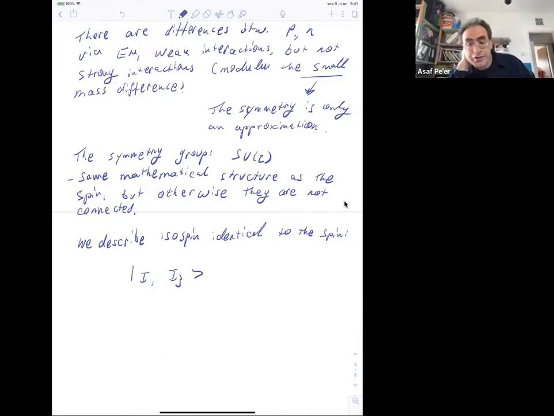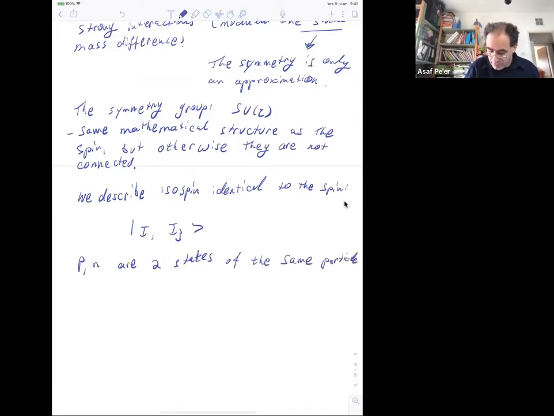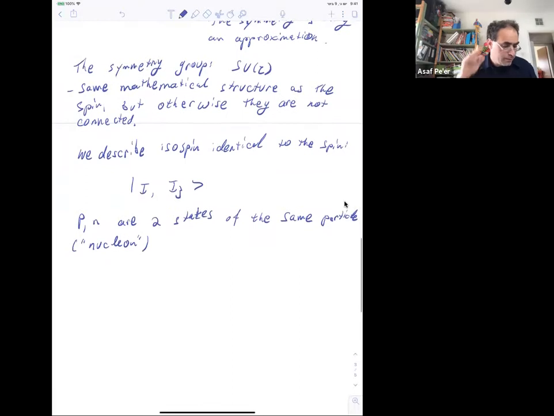So in this picture, right, the proton and the neutron are two states of one particle, which we denote as the nucleon. So P and N are two states of the same particle, the nucleon, right?